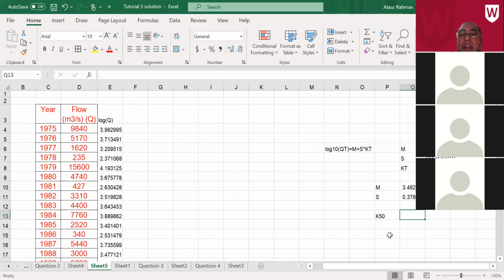K50 is a function of the skewness and the T value. T is 50, so we have to find out the skewness of the data as well.